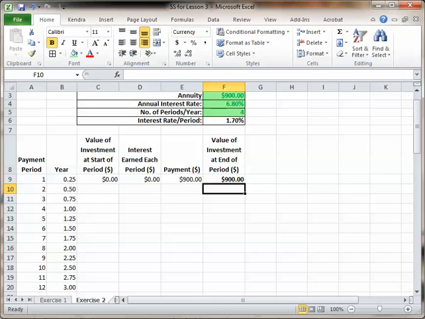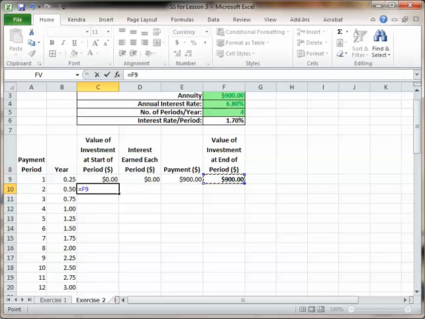Now at the beginning of our second period, we now have $900 in our investment. So the $900 in F9 is now going to be carried to C10. So C10 is just going to equal whatever value is in F9.